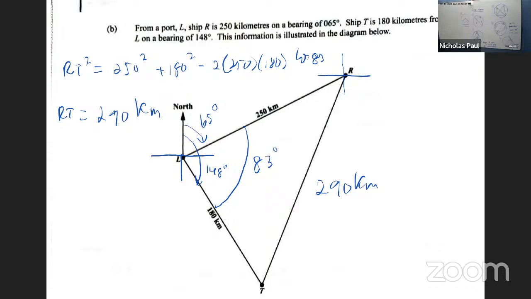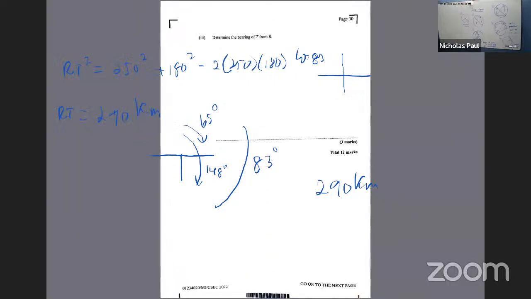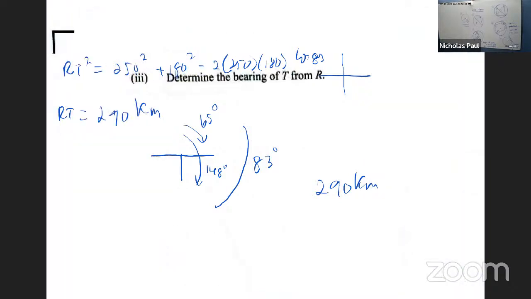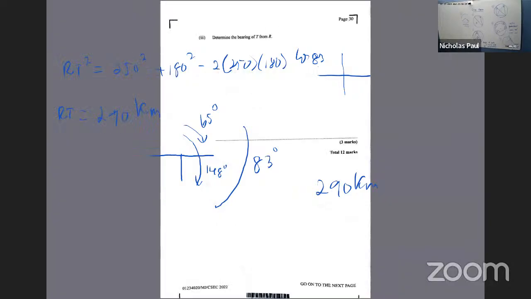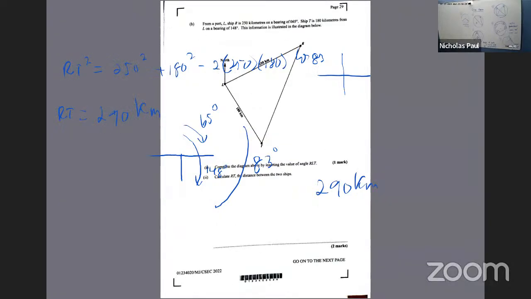Okay, good job, Brianna. Let's go again. I think it has more though. They want the bearing of T from R. That's the last part.